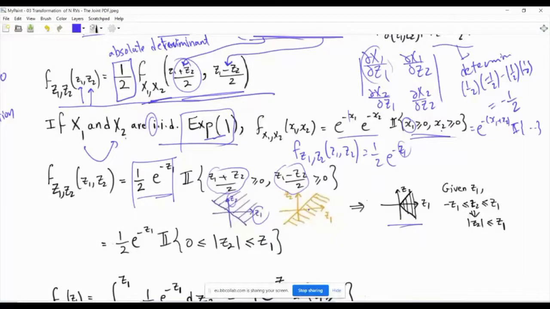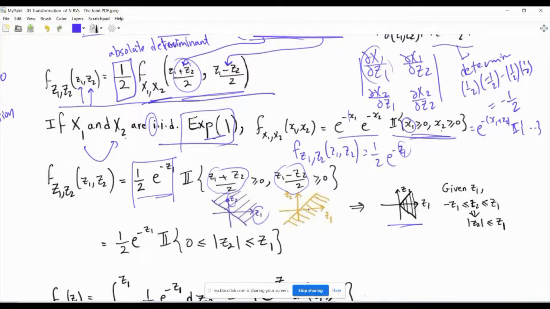Again, you obtain it by keeping the indicator function. Very useful to have them. When you do the change from x's to z's, do it also to those guys in the indicators, and then obtain your new region on which this PDF is defined. And now it is defined on this part here.